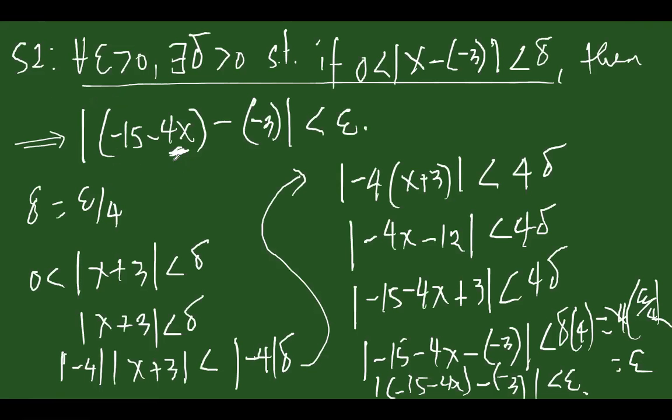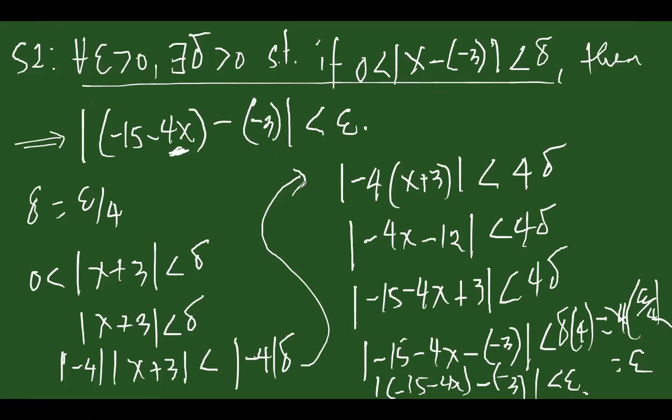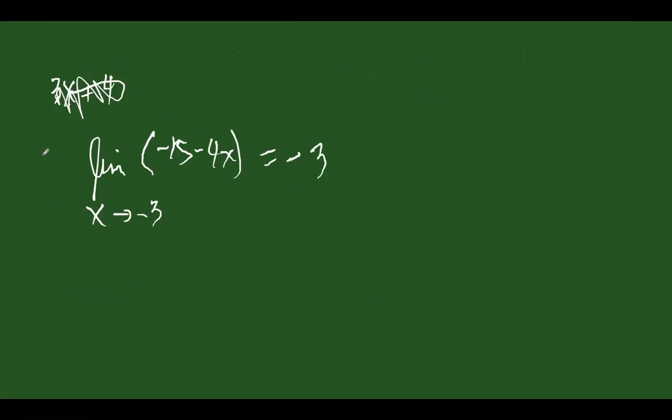We could say that the limit of, let's check the original, negative 15 minus 4x as x approaches negative 3 is equal to, I forgot, it's negative 3. Since we have already proven that the statement is true using the definition of limit, therefore the limit of negative 15 minus 4x as x approaches negative 3 is equal to negative 3.